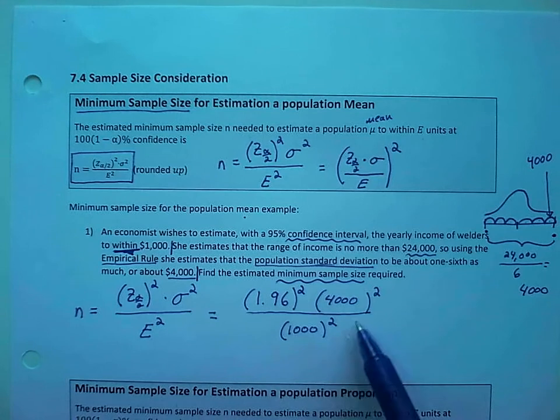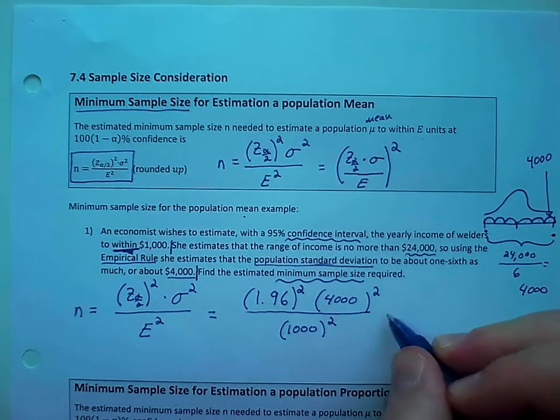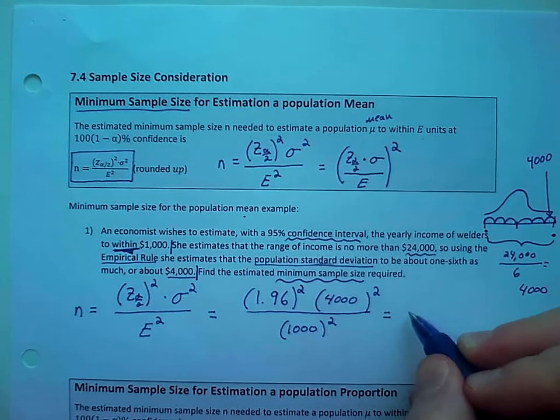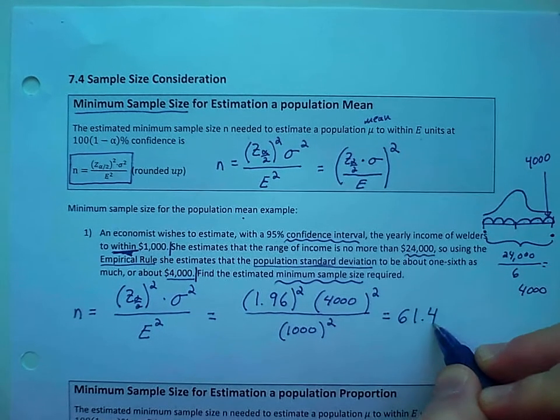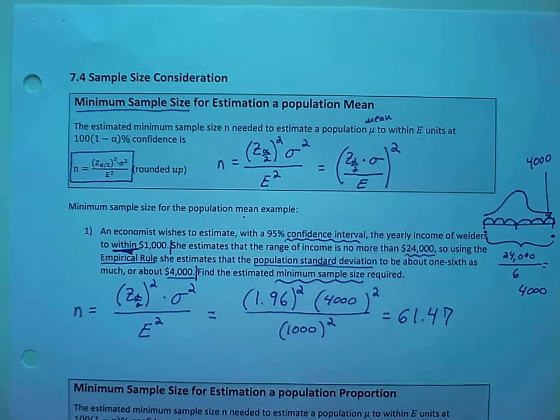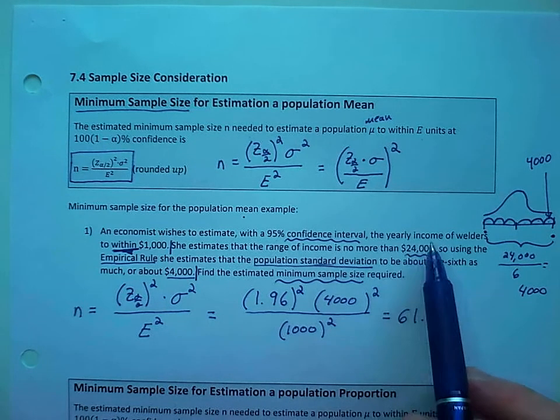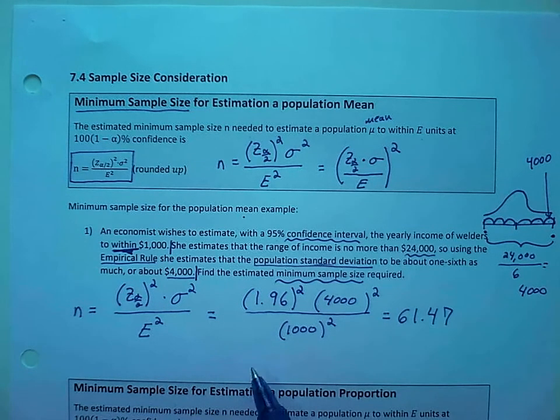All right, well now we have all of these numbers right here. If we do the arithmetic on this, then it's going to come out to 61.47. So let's think about this here. She's trying to figure out the average yearly income of welders.